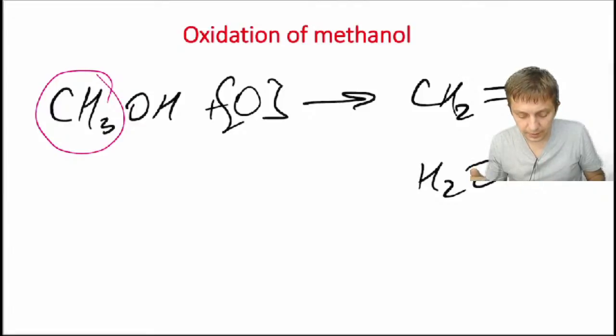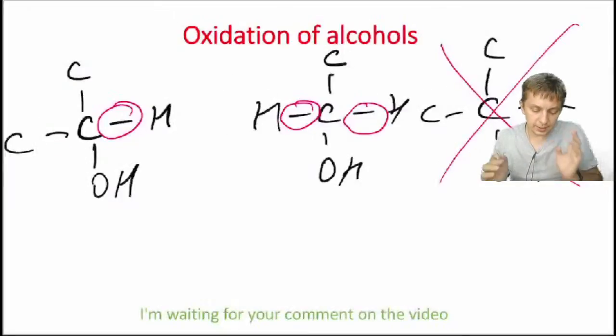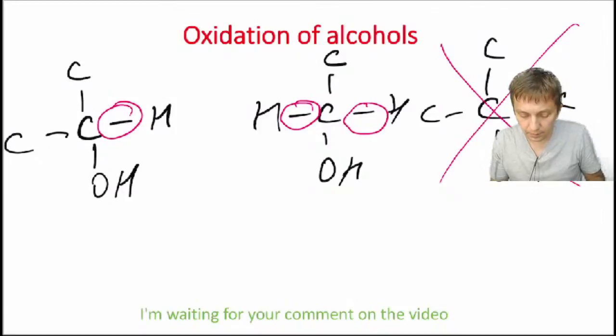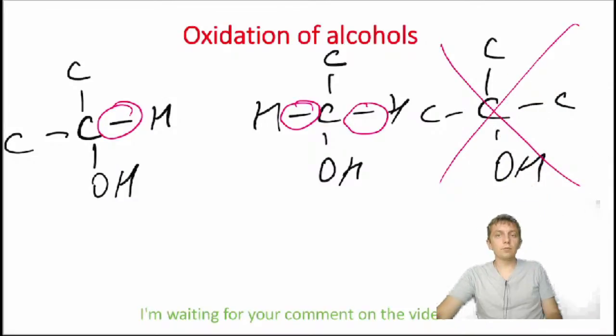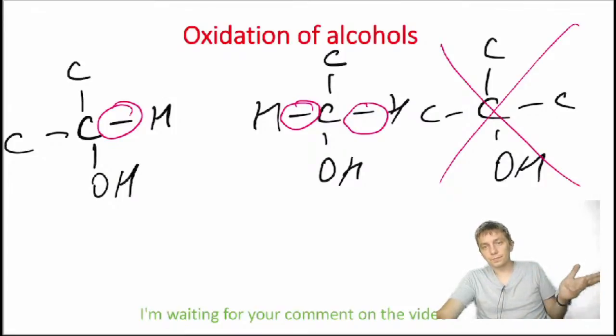So any alcohols or aldehydes, any structure which contains CH bonded with CO, can be oxidized. So some alcohols can be oxidized, but not all. For example, if an alcohol molecule contains this fragment where the OH group is bonded with a carbon which is bonded with 3 carbons, there is no CH, and it means no oxidation.